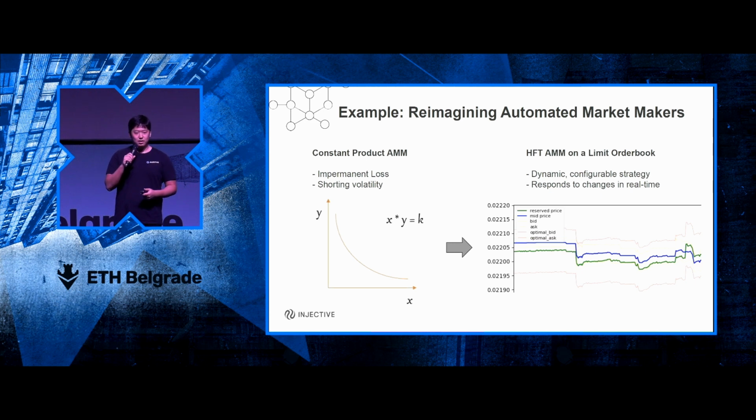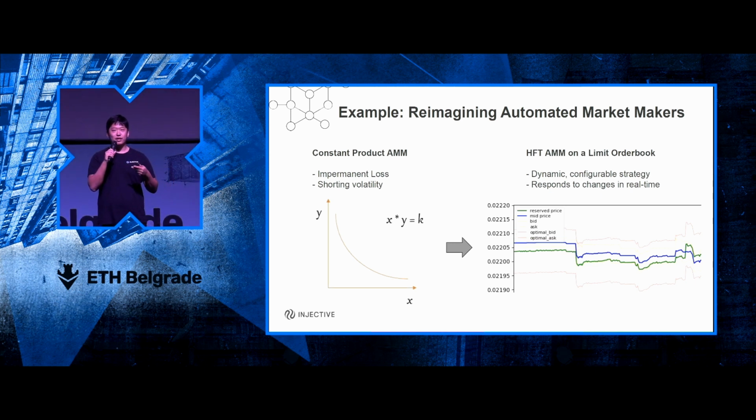So we had the idea of what if you could have high-frequency trading or a high-frequency automated market maker on a limit order book, and that might at first seem to be colliding concepts, like an automated market maker on a limit order book, but actually it's not. If you consider the automated part to be the fact that this market making strategy can be on the chain itself and executed even up to every single block, right?